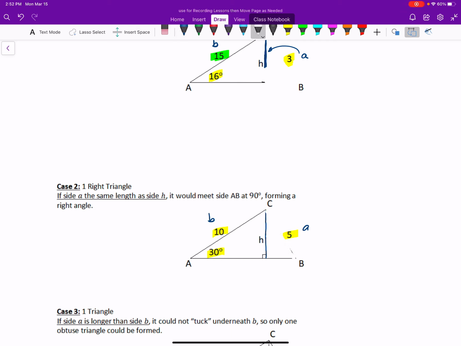It's going to be a perfect right triangle because of H being exactly the length of A. So it's possible to have a right triangle if A equals H.